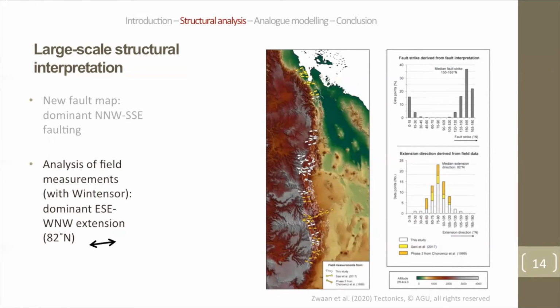With this fault information, we created an analysis of the extension direction associated with these faults by means of the program Win-Tensor. And what we find is that the extension direction is dominantly east-west. By the way, we also use data from previous fieldworks to create the first ever characterization along the whole of the Western Afar Margin.